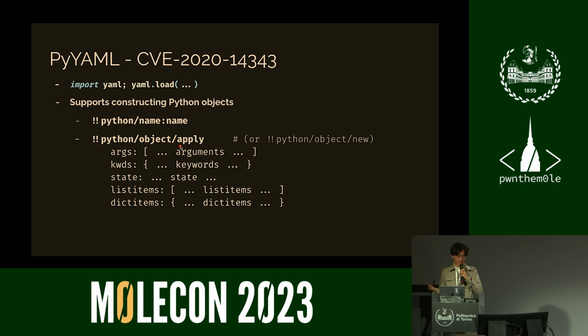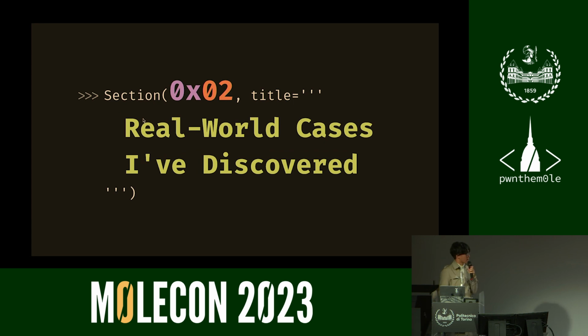It cannot just execute anything you want like normal Python. It has some limited functions. As a hacker, it's a little bit like a jail. So let's go into the real world cases.